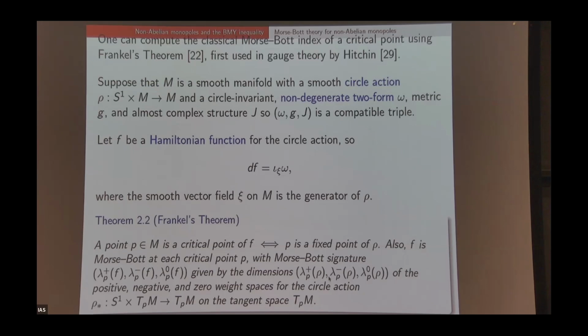The function that he defines, the L2 norm squared of his Higgs field, is actually the Hamiltonian function for this circle action. Then he applied a version of Frankel's theorem, which says that a critical point is equivalent to a fixed point of the circle action. The meat of Frankel's theorem is that the Morse-Bott signature is given by the dimensions of the positive, negative, and zero weight subspaces for the circle action on the tangent space to a fixed point.